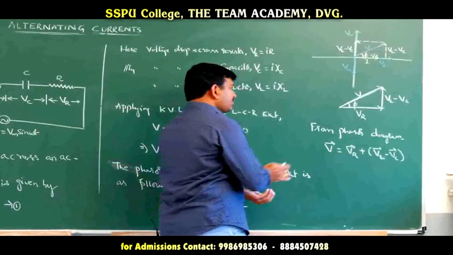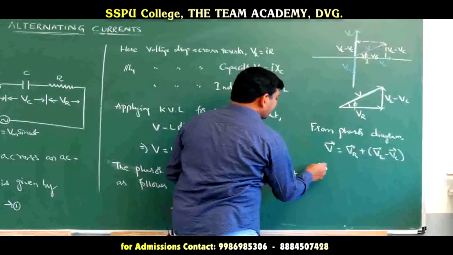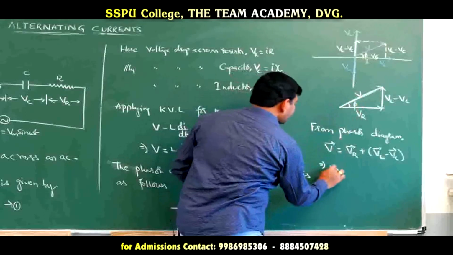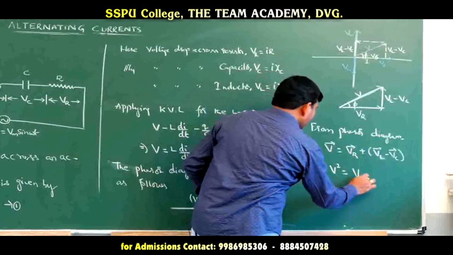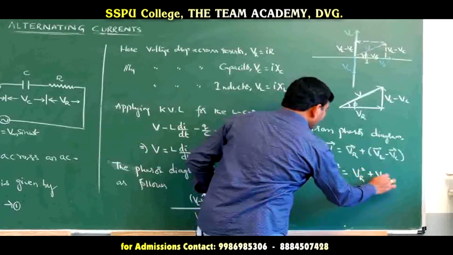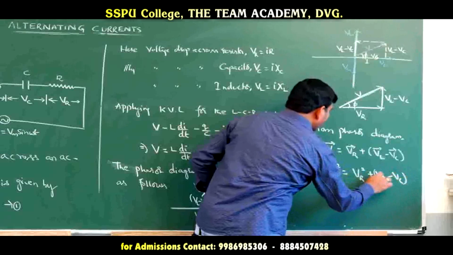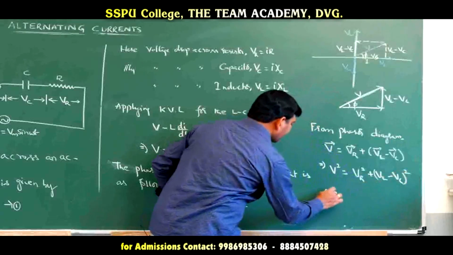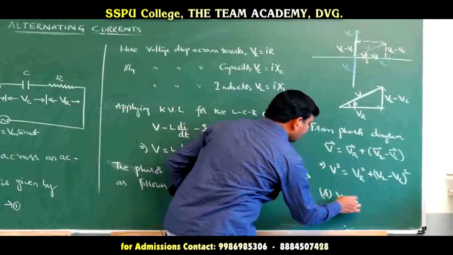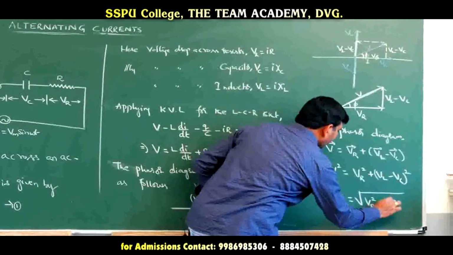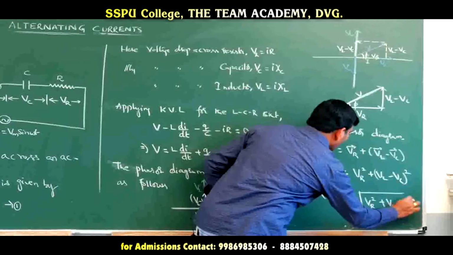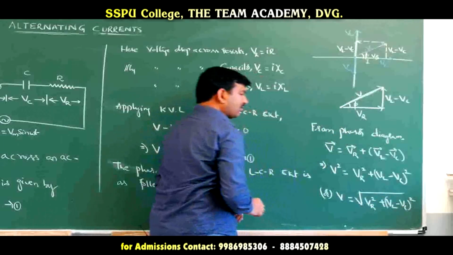Therefore, using the Pythagoras theorem, V square is equal to this square plus this square, that is VR square plus VL minus VC whole square. Or else V is equal to square root of VR square plus VL minus VC whole square. Is it clear or not?